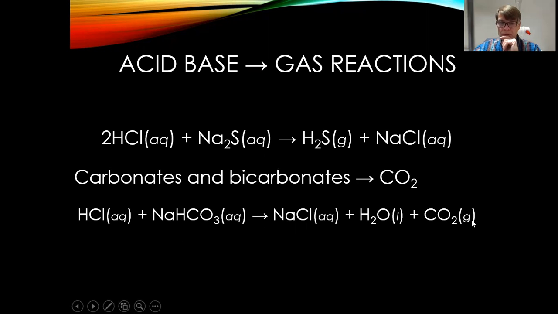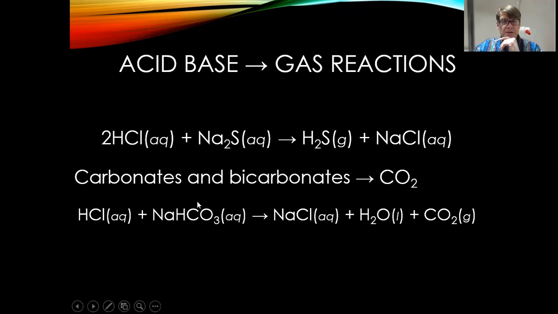So this will bubble. If you mix these together, you get bubbles, which yield carbon dioxide. There is an intermediate step here where carbonic acid is formed, which is H2CO3, but carbonic acid is unstable, and so it will push on through eventually to carbon dioxide most of the time.